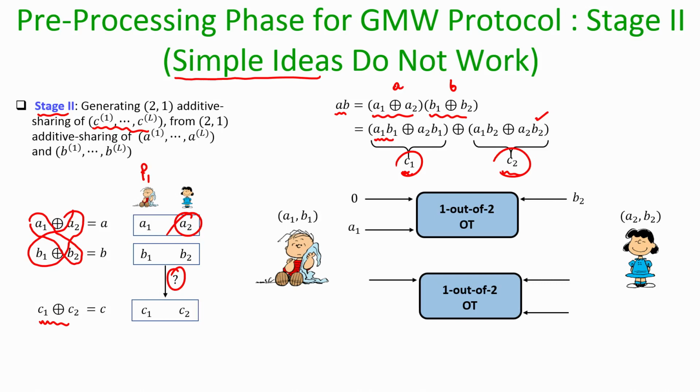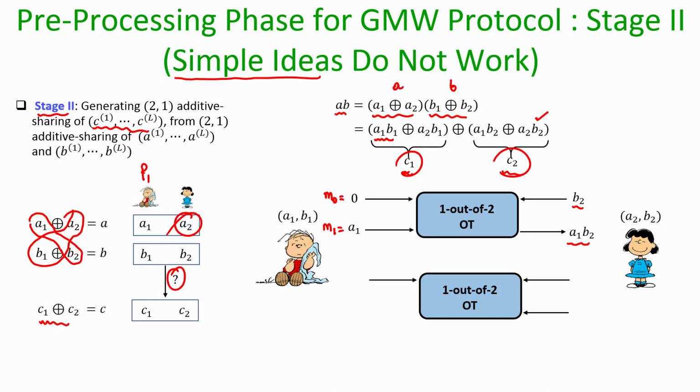So, suppose in the first OT we ask P1 to act as a sender and set these as his messages, and we ask party P2, the second party, to set B2 as her choice bit. If you now see closely, the correctness property of the OT will ensure that P2 receives this cross term A1 times B2.